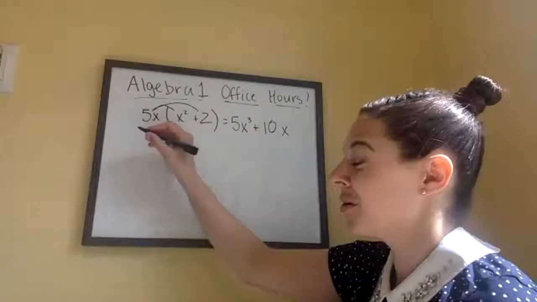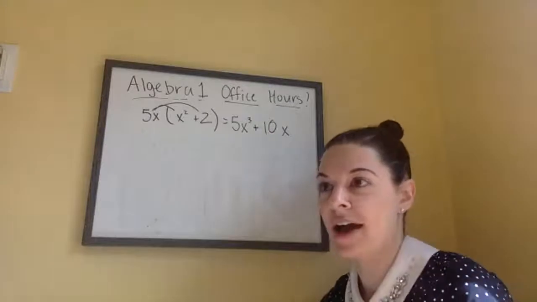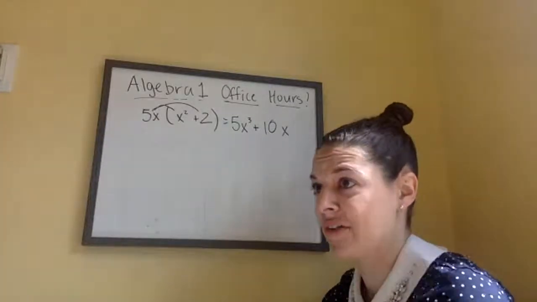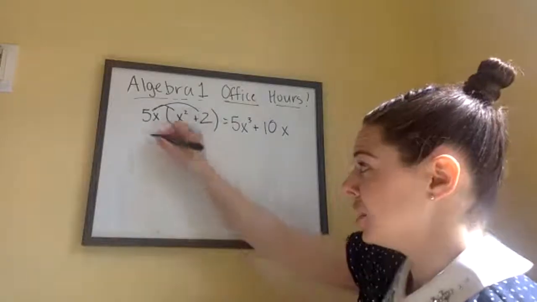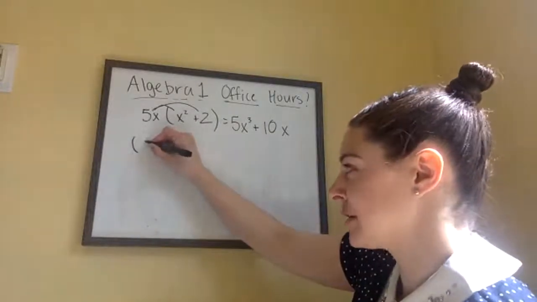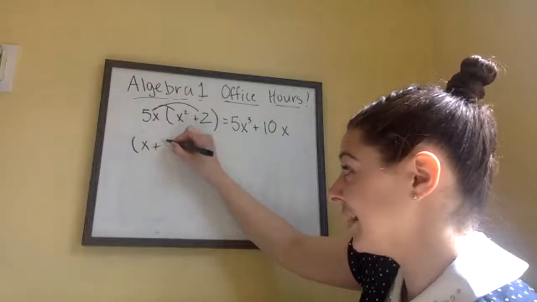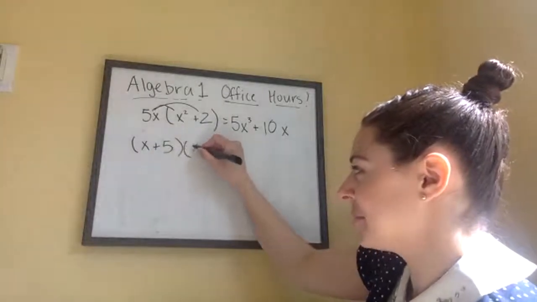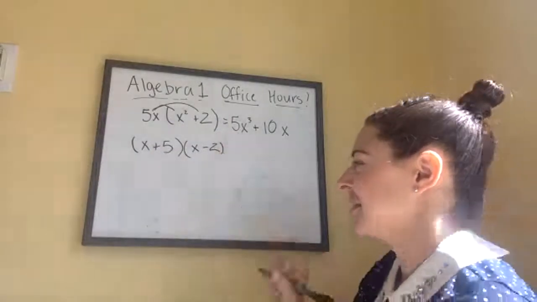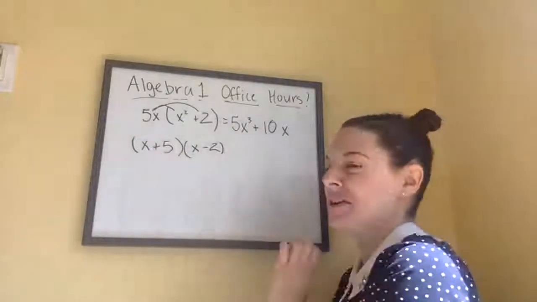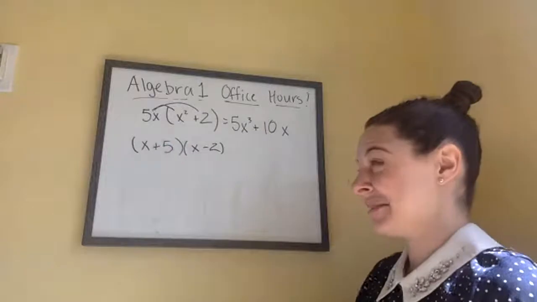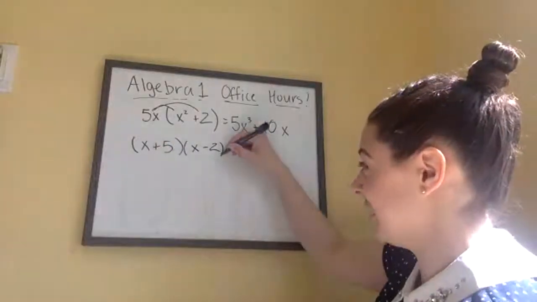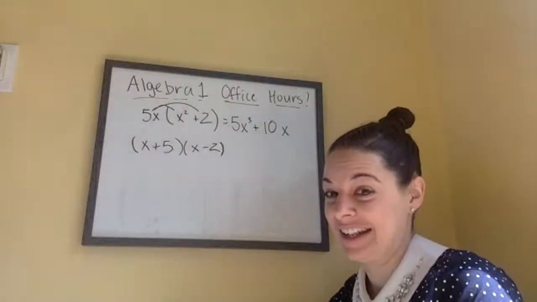What we're hoping is that at some point, maybe after April 27th or maybe even later, whenever we see each other again, you can get to the point where you're multiplying two binomials together, which we haven't really done before. You haven't done it in Algebra 1, and I'm guessing you haven't done it in 8th grade math.